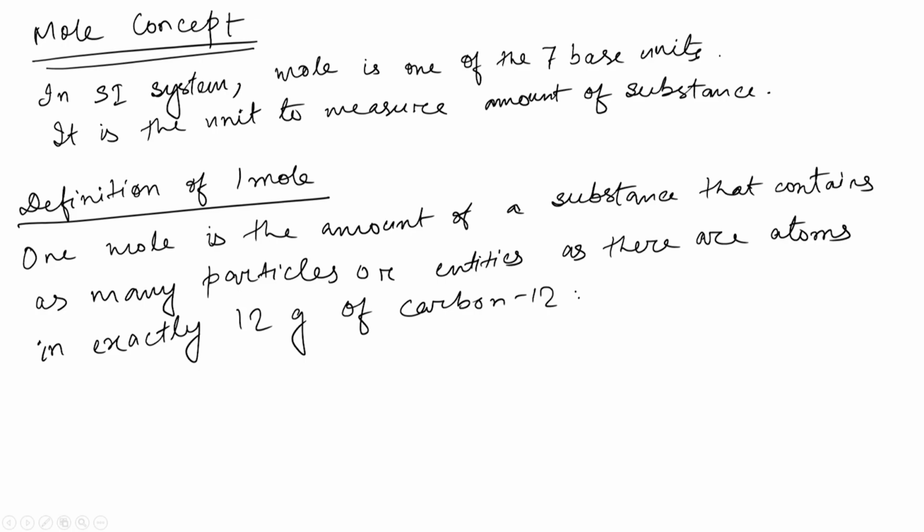Okay. So, 1 mole is defined as the amount of a substance that contains as many particles or entities as there are atoms in exactly 12 grams of carbon 12. So, the number of atoms in 12 grams of carbon 12 is a certain number. So, when some amount of substance contains that exact number of particles, that is called 1 mole.